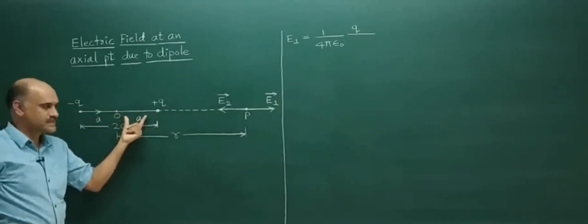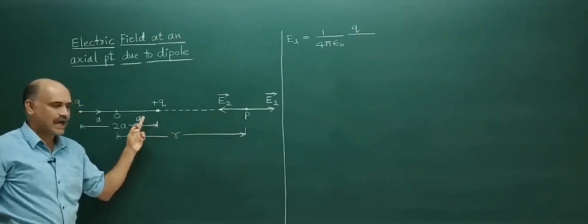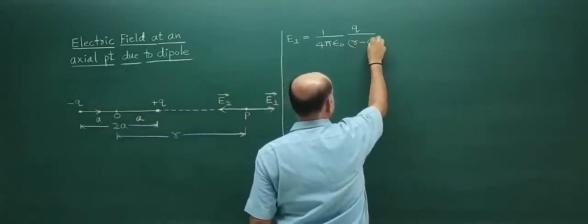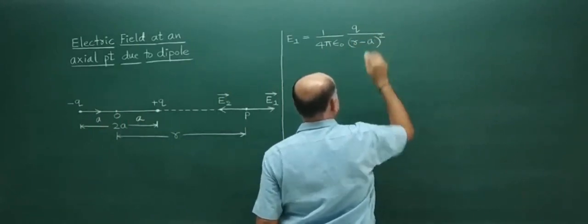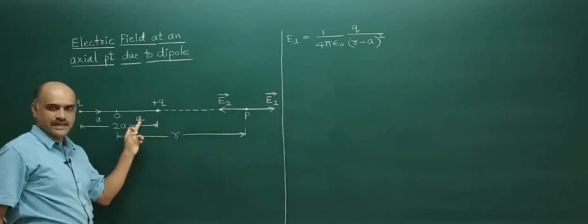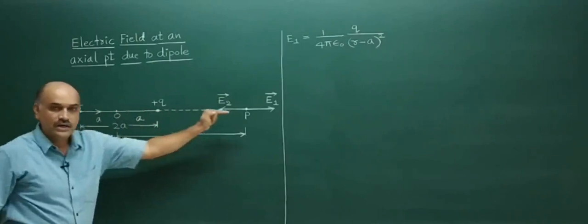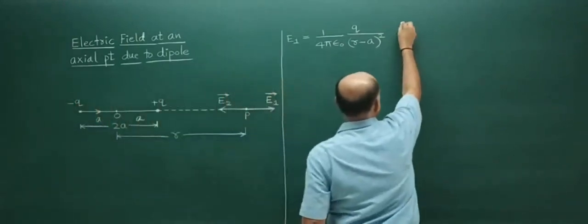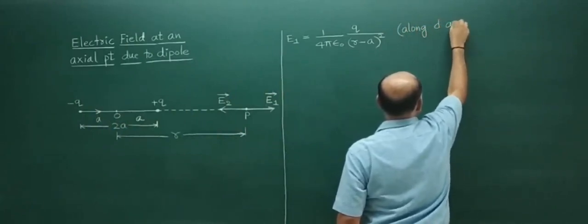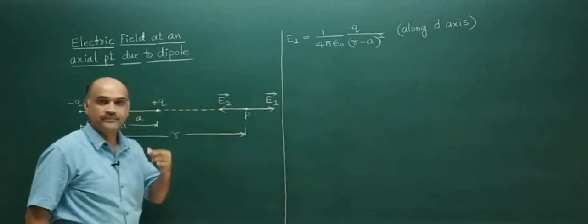From center to plus q is a. So you will have divided by (r minus a) whole square. E1 is directed along dipole axis.